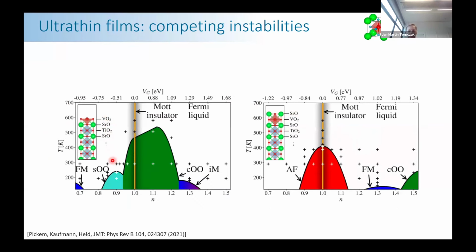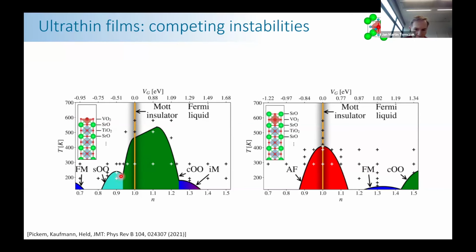And when we do that, we get two very rich and very different phase diagrams. So here we have, okay, they're both Mott insulating at nominal filling. But then if we go away here, this one has an antiferromagnetic regime. At larger doping it becomes ferromagnetic. Then there's some checkerboard orbital ordering here at large doping, which dominates already the nominal region in the other termination here.